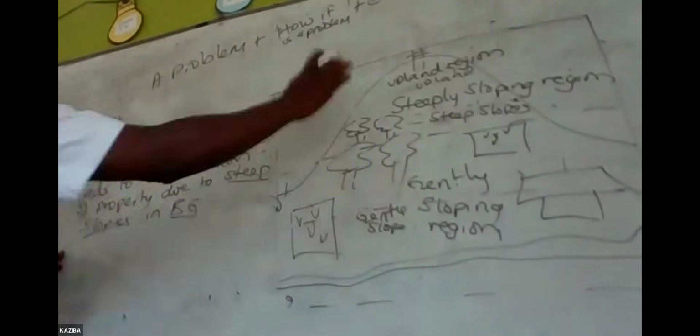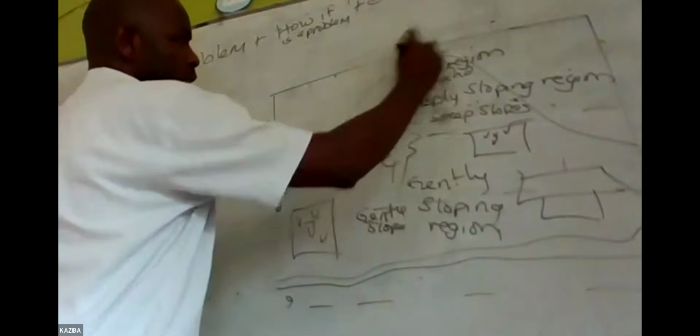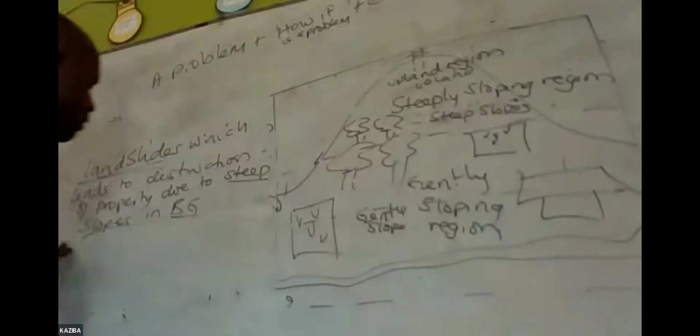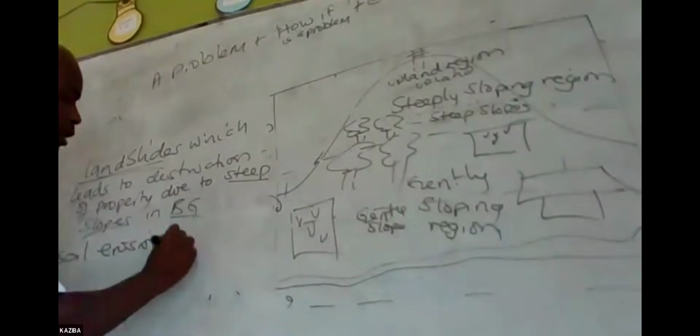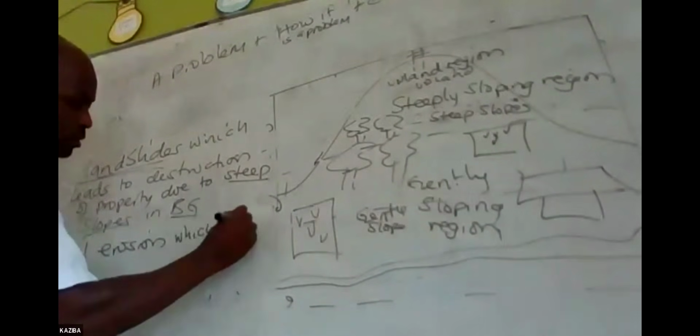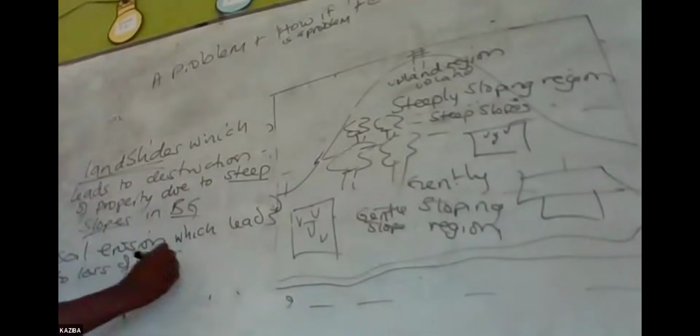Now, when you have this kind of photograph, look for problems associated with hidden areas. For example, we have soil erosion. How is it a problem? Which leads to loss of soil fertility.